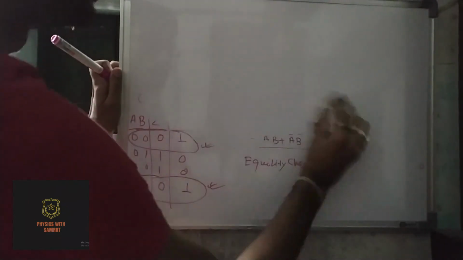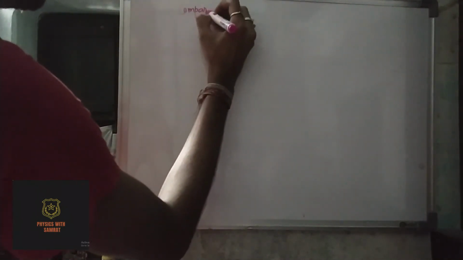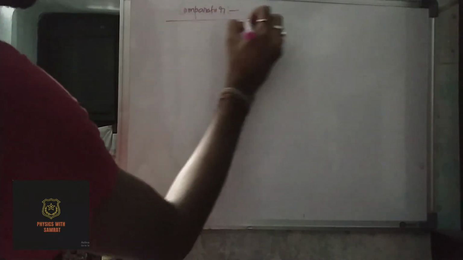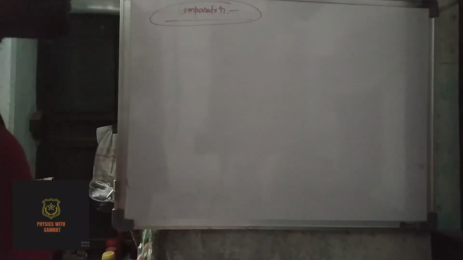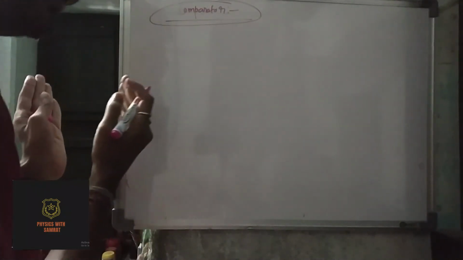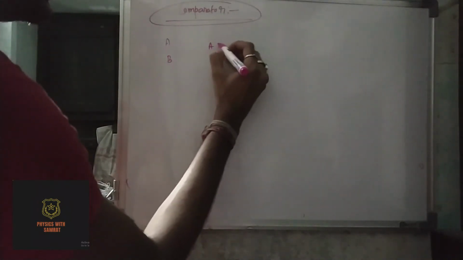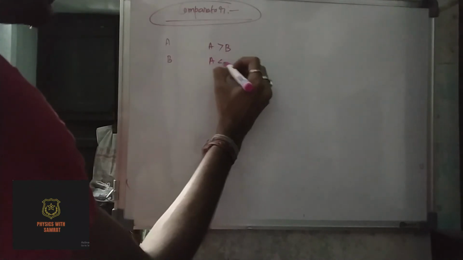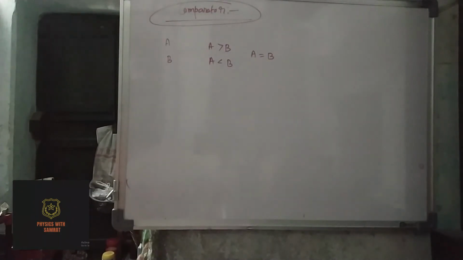So now we will go for the comparator. From this name you can make out that it compares two inputs. If there are two inputs A and B, either A greater than B, or A less than B, or A is equal to B. Okay.